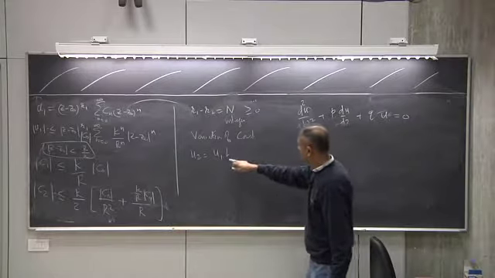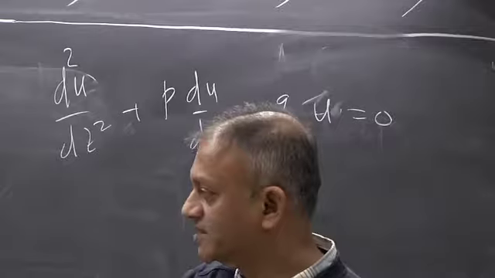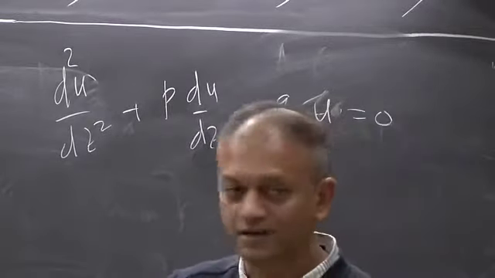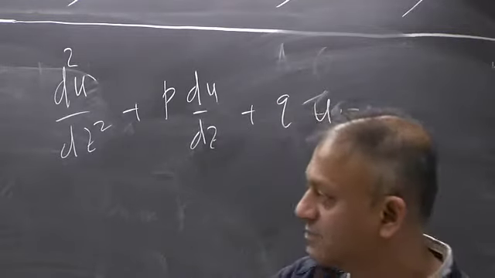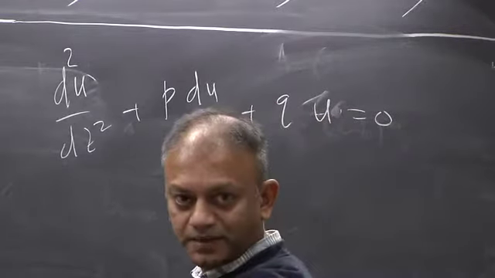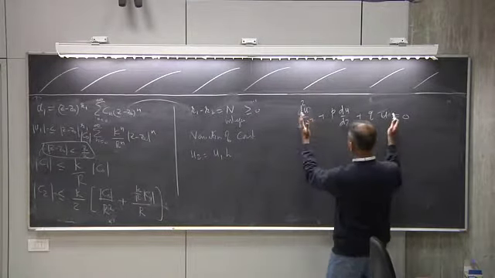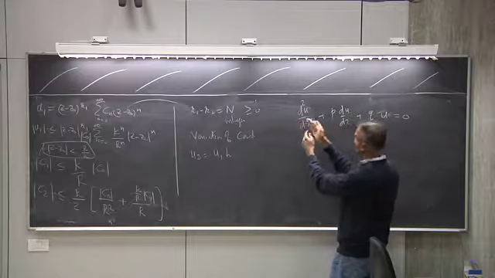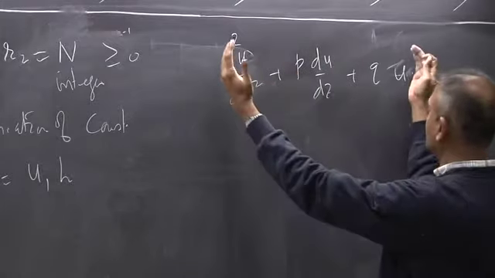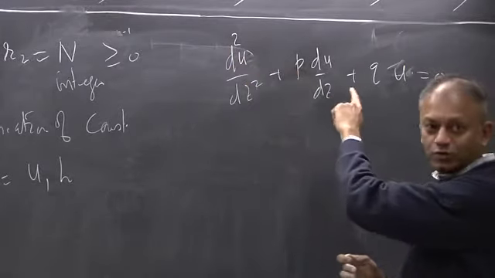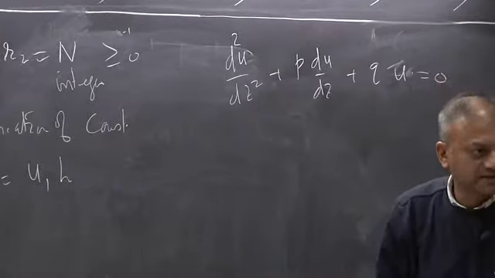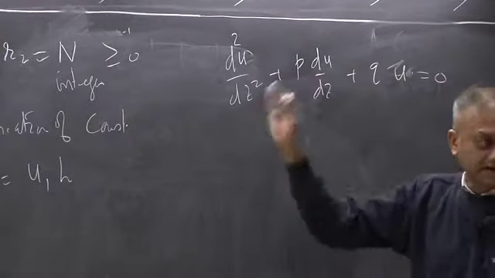Concentrate on the terms where there is no derivative on h, meaning all the derivatives act on u1. Then h comes out as a common factor and you get the same term with u replaced by u1. But by assumption u1 satisfies the equation, so that term is 0.